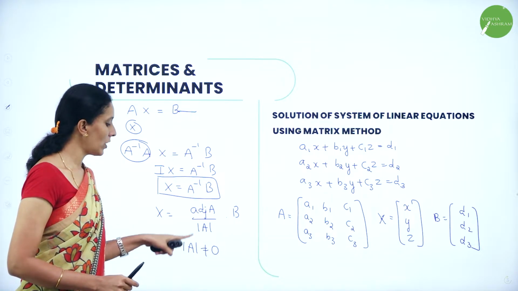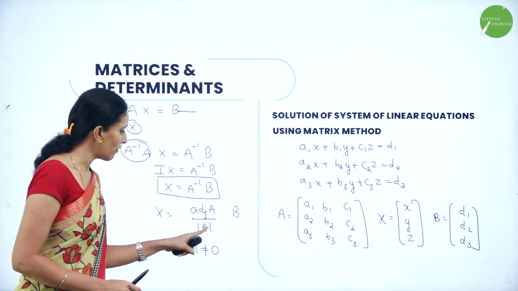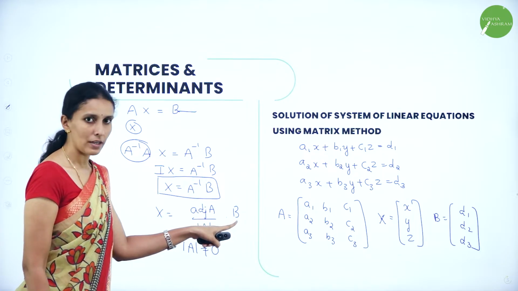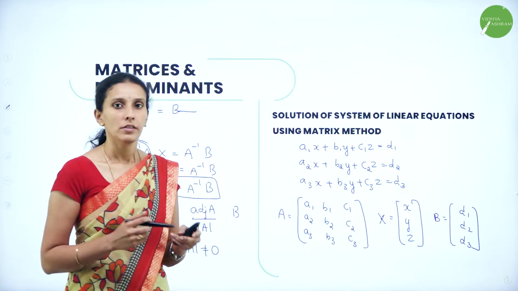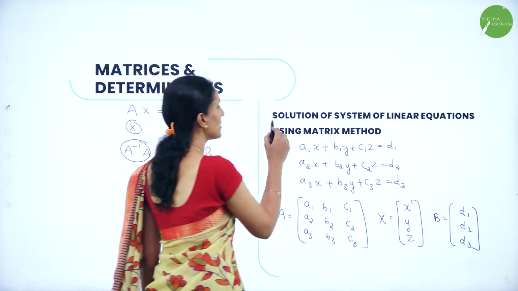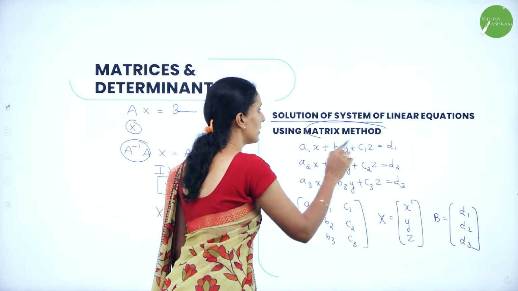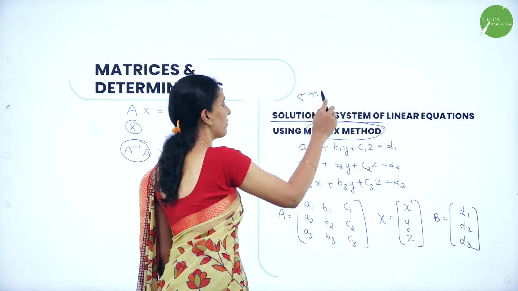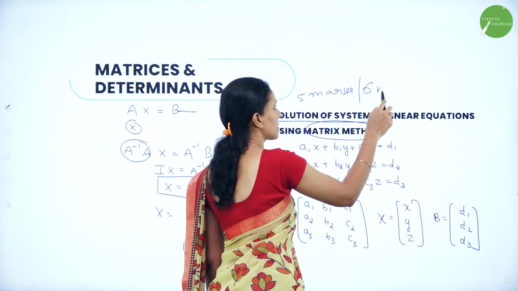So first we will find determinant A, then we will find adjoint A, so that we can find A inverse. Then we will multiply with the given B matrix to find the values of x, y and z. This method of finding the solution for a system of linear equations is nothing but the matrix method. This is an important topic for 5 or 6 marks in your examination.